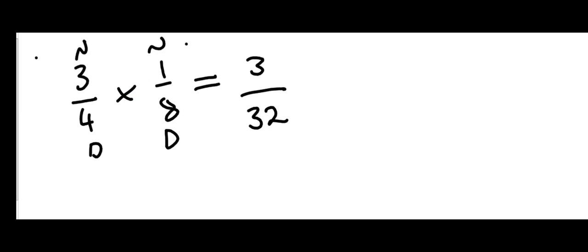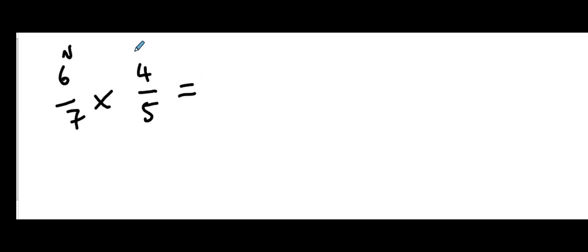Okay, let's take another example. This time we'll multiply 6 over 7 by 4 over 5. Again we look to multiply numerator by numerator, denominator by denominator.